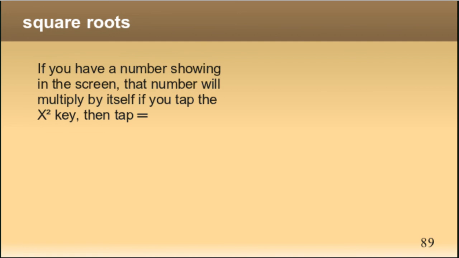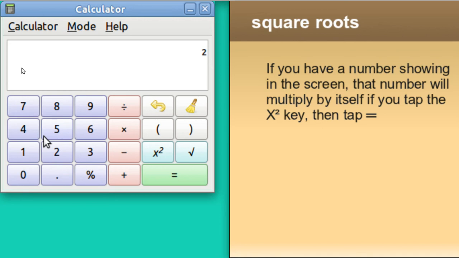If you have a number showing on the screen, that number will multiply by itself if you tap the x squared key, then tap equals. So I got a number up on the screen too. I'm going to tap the squared key. Oops, I did it wrong. Pardon me.